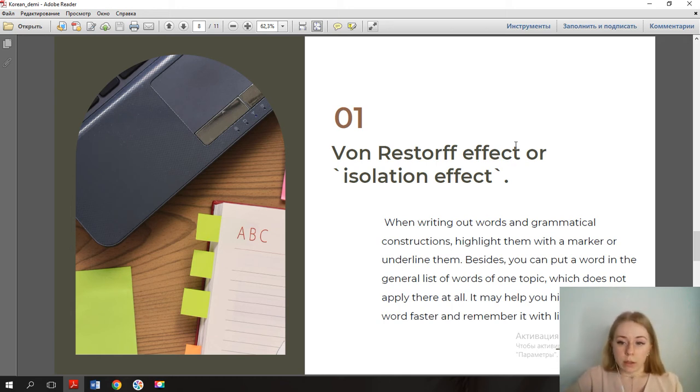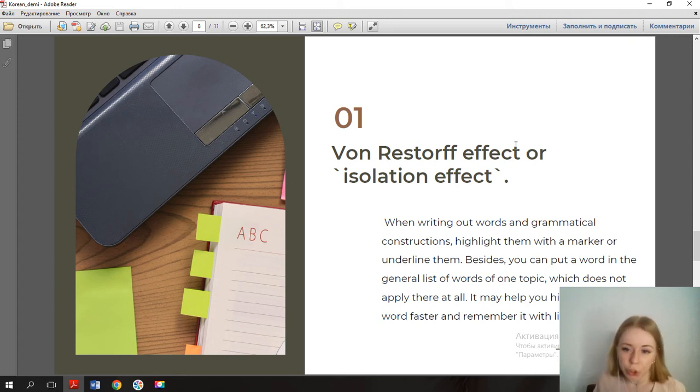What else? You can put a word in a general list of words on one topic where it doesn't apply at all. For example, I have a list of language terms: grammatic, punctuation, stylistic, and so on. And then I just put one word that is out of topic, for example, kitchen.